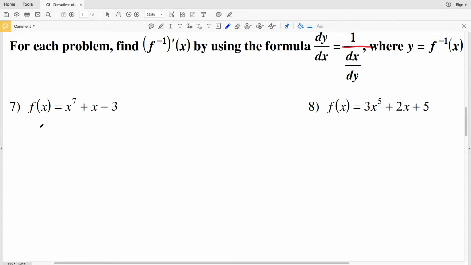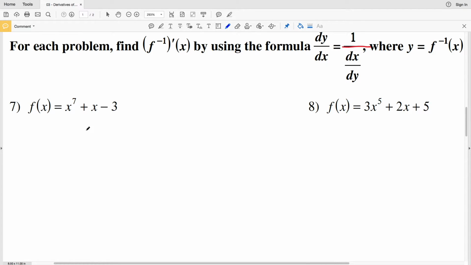So what this formula is basically saying is that the derivative of our inverse is equal to 1 over the derivative of our original function. So if we're finding the derivative of y with respect to x, where y is that inverse function, that's going to equal 1 over the derivative of x with respect to y.